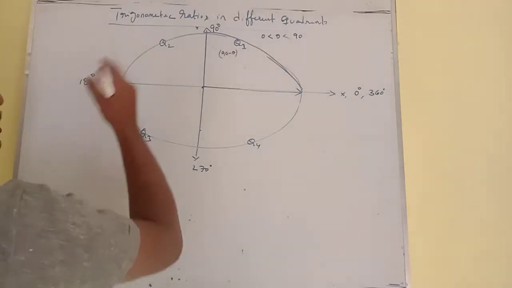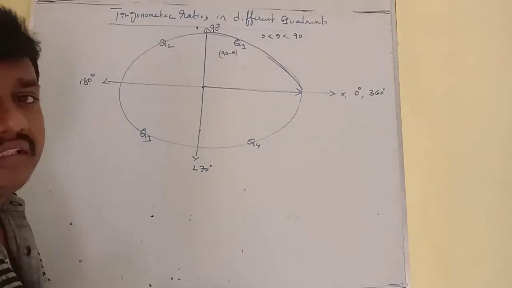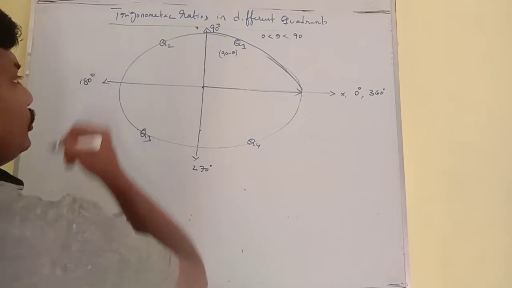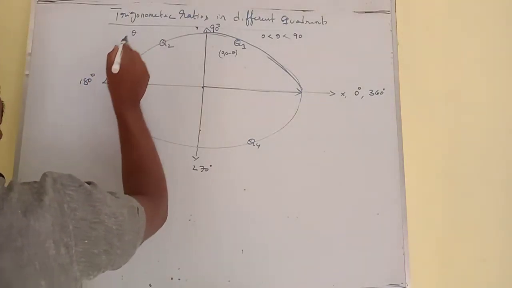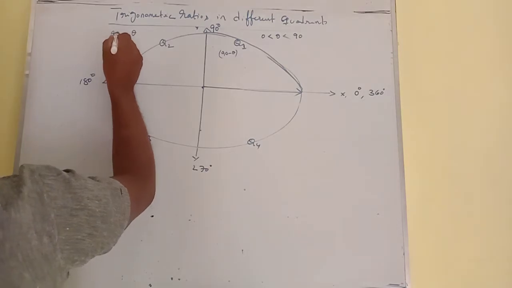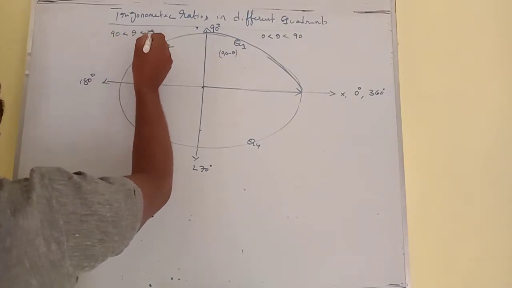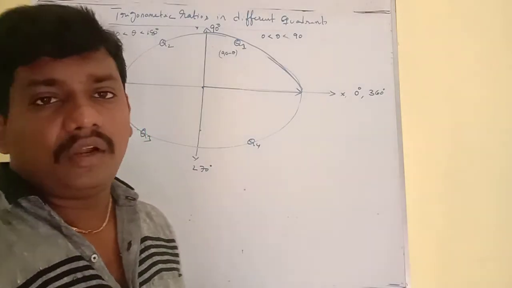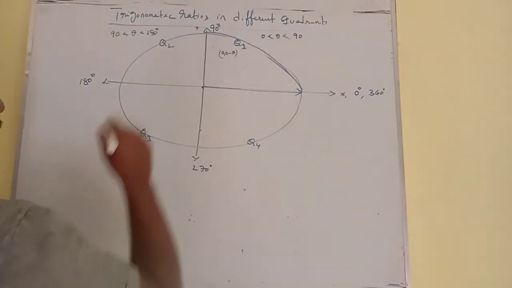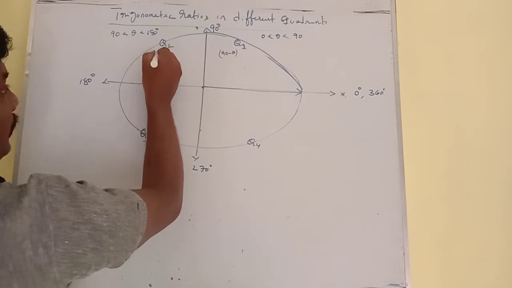Now coming to second quadrant angles, that is 90 to 180 degrees. Here theta is greater than 90 and less than 180 degrees. This is called second quadrant angles, and can be written as 90 plus theta.